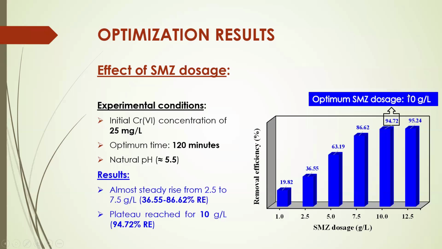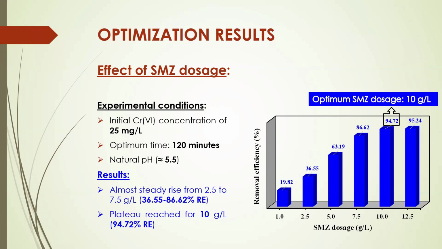At a dosage of 2.5 grams per liter, we achieved 36.55%. As we increased the dosage, we saw an almost steady rise up to 86.62% removal at a dosage of 4.5 grams per liter.